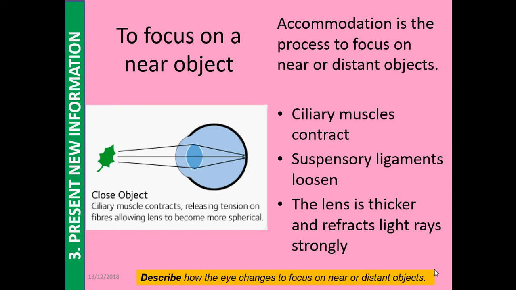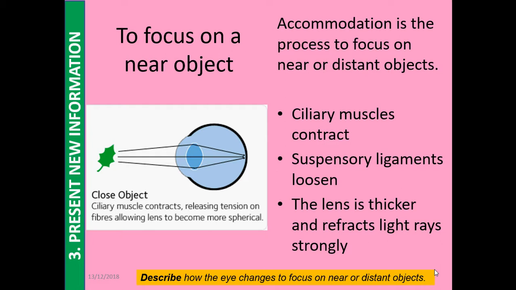So focusing on a near object, okay, so we can see here that the lens is really quite wide, and to make it wide, the ciliary muscles have contracted and the suspensory ligaments have loosened. If you think they need to loosen to allow it to get fatter and shorter and wider, okay, so the lens is thicker, it's going to refract light more to look at a close object. Now, how are we going to remember this? If the object is close, that begins with a C, the ciliary muscles contract.